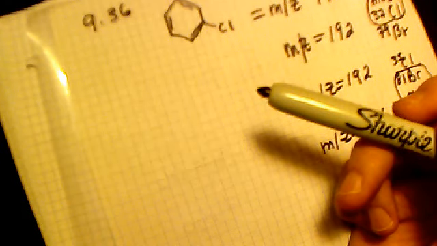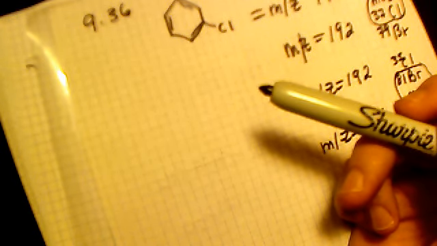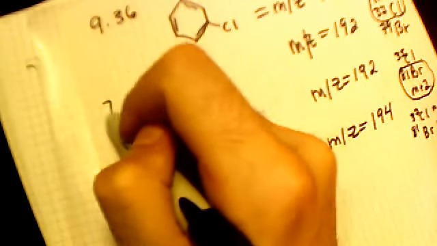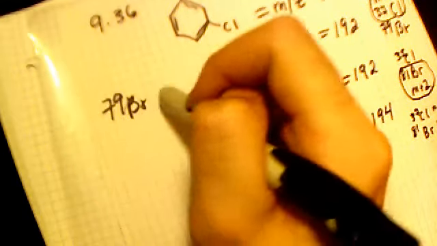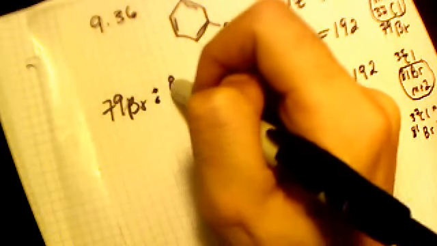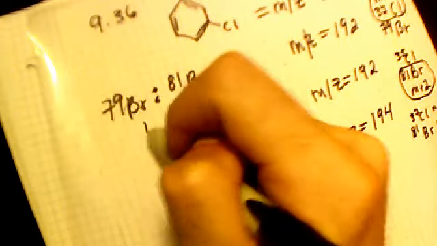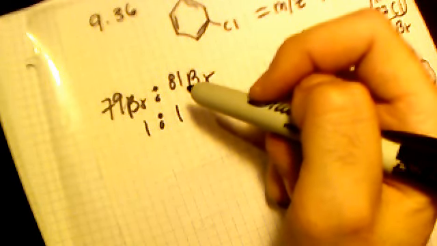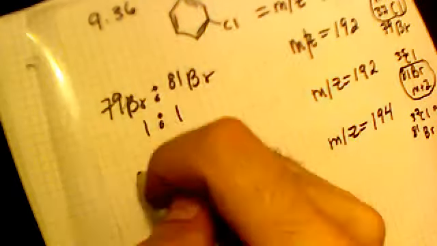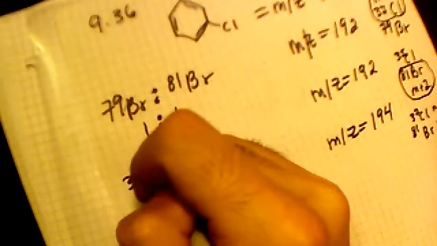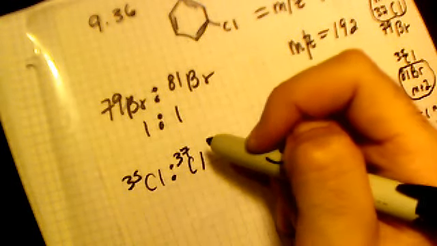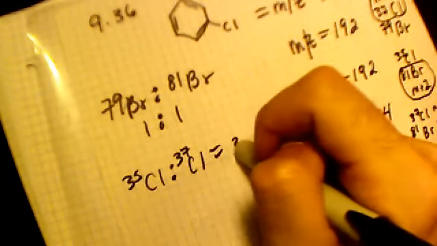Alright, so now that we got these, which I'll scan and put up on the Facebook page, it says the relative ratio of 79Br to 81Br is 1 to 1. For the two isotopes of chlorine, Cl35 to Cl37, they're saying that equals 3 to 1.